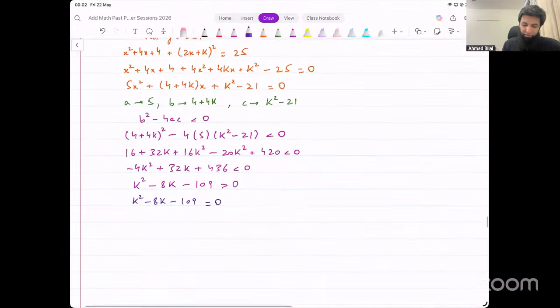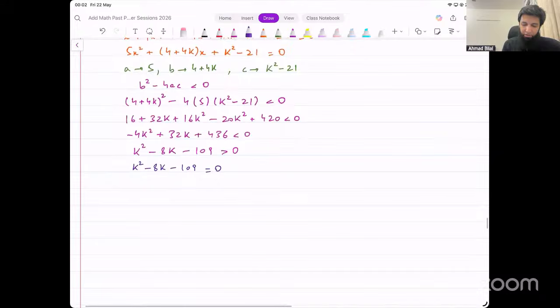It was fine until this point. 4 plus 4k whole squared minus 4 into 5 into k squared minus 21. 16 plus 32k minus 20k squared plus 420. I subtracted those terms. Plus 32k plus 436. Okay, looks okay. So we'll just solve it as a quadratic equation then.